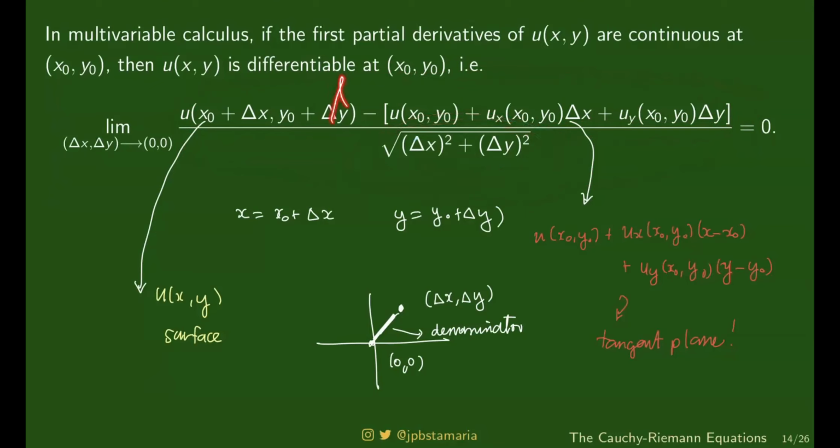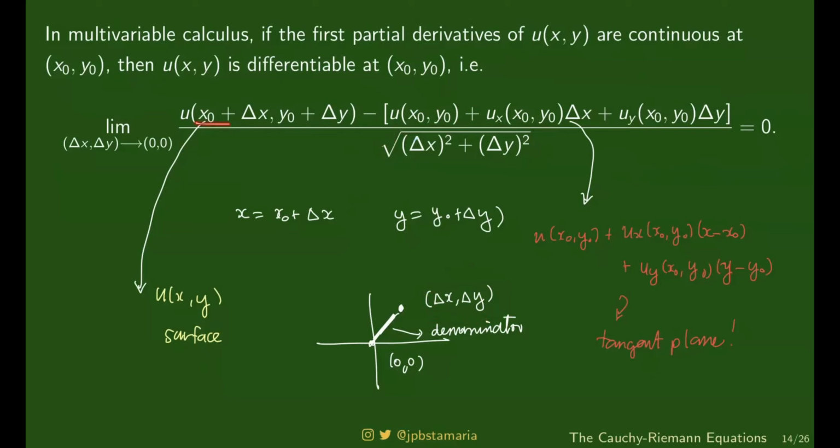Ito yung parang delta y divided by delta x nung pang-bata kayo. This time ito yung delta z over magnitude. Dalawa kasi nagbabago, hindi lang isa. Hindi lang si x, hindi lang si y. But rather, both x and y are now changing. Kaya to measure that total change, minemeasure natin yung magnitude, yung distance nito from the origin, which is the denominator.